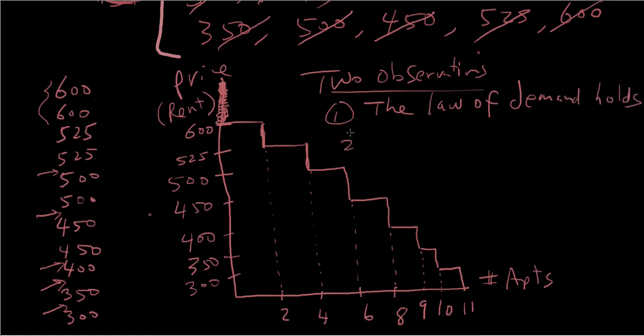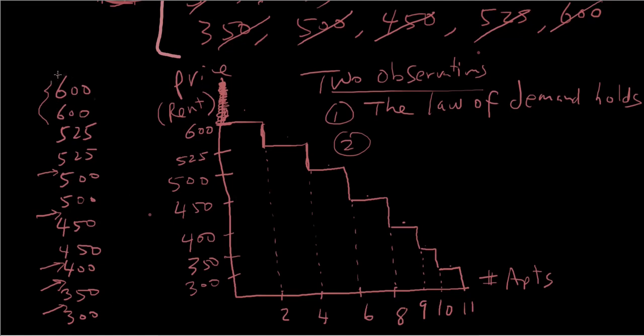And second, let's look at the number of steps. There are 1, 2, 3, 4, 5, 6, 7 steps. Now look at these willingness-to-pay figures.